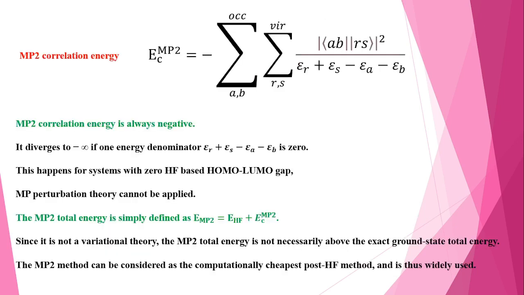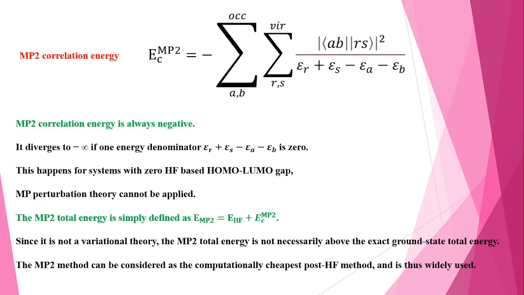Now as this correction term is inversely proportional to the denominator, it diverges to minus infinity if this denominator is 0. It can be 0 if the system has a 0 HOMO-LUMO gap, and then you will end up with a minus infinity term. So this MP2 correction will only work when there is a finite HOMO-LUMO gap.